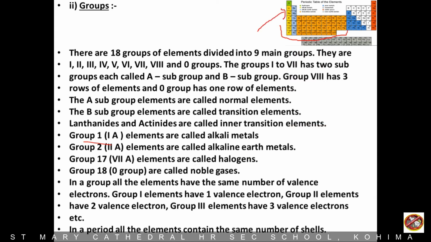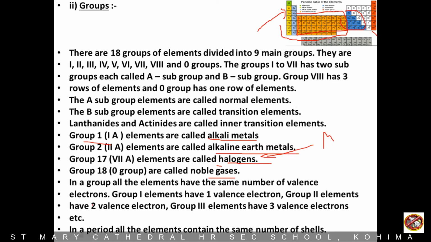In the first group, let us see once again. The first group will be called your alkali. Second group will be called alkaline earth metal, because they are found on earth crust easily. Next things are called halogens. Before that it will be metal, transition metal, right? Remember, next you will get your halogens, and lastly your noble gas.